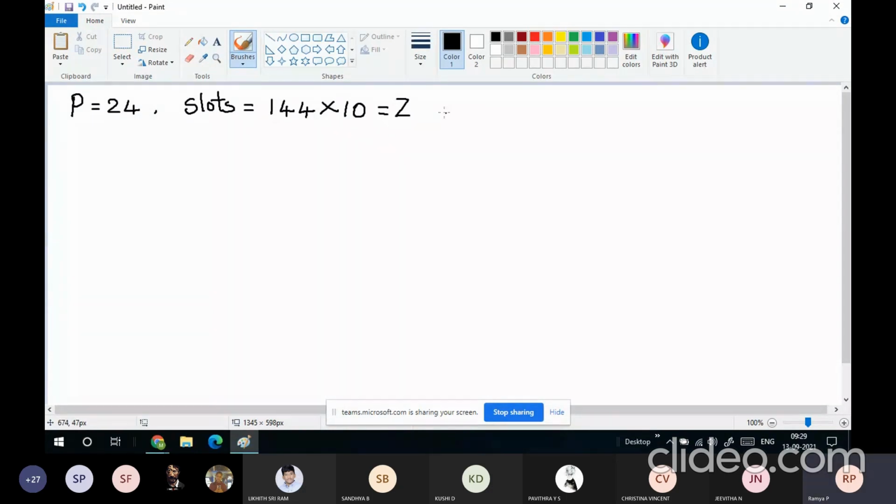They have given the speed, 250 revolutions per minute. The winding has full pitch coils. They have given here the winding as full pitch coil. If it is full pitch, I can consider Kc equals 1.